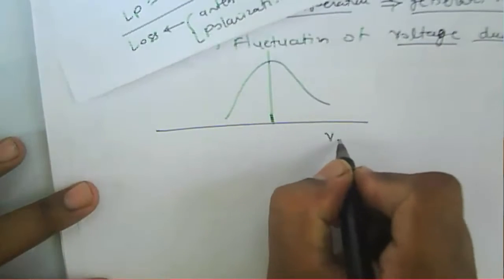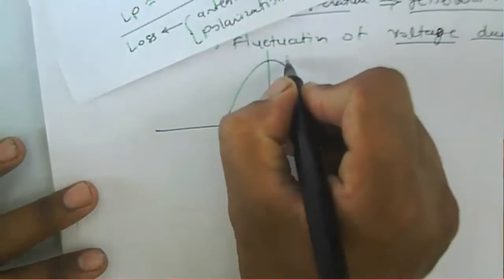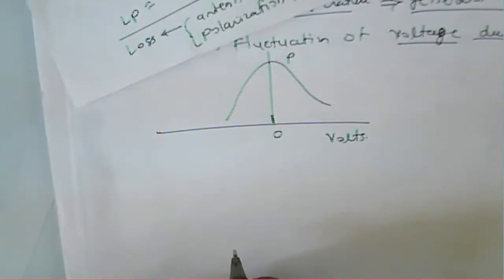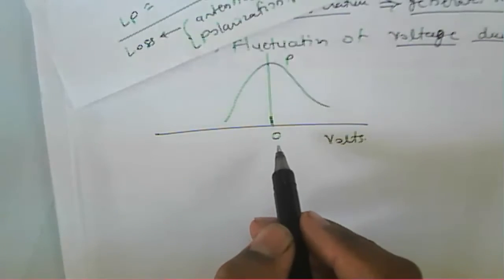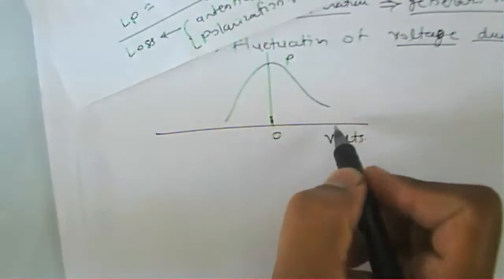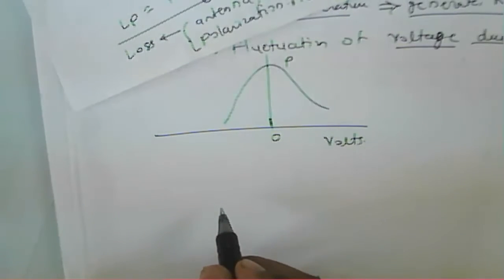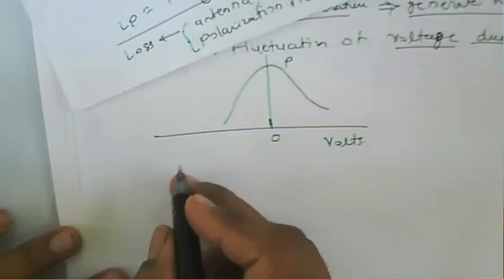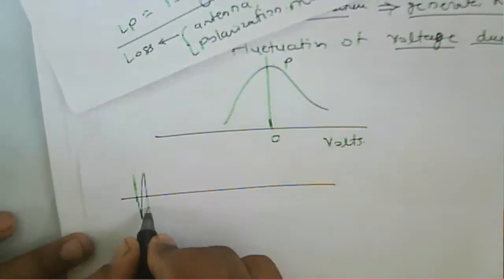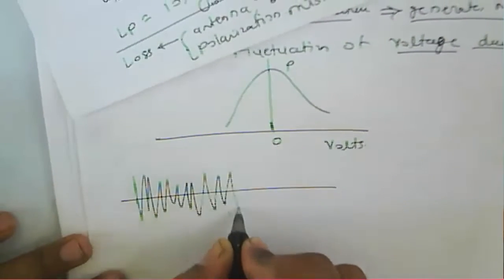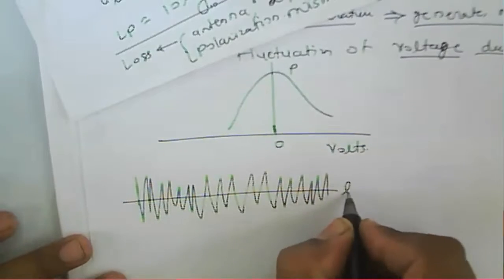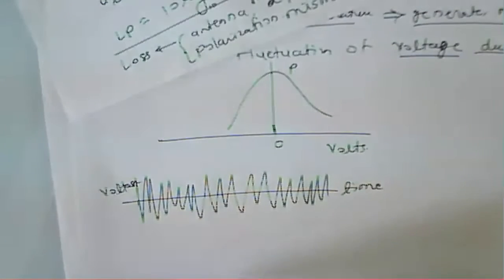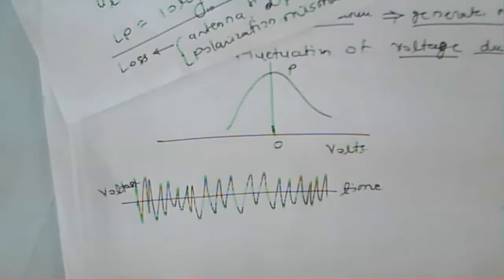This is the Gaussian distribution for the 0 mean, and the noise voltage changes around 0. If you consider time, this is the way the fluctuations of the noise voltage occur, around the 0 mean.